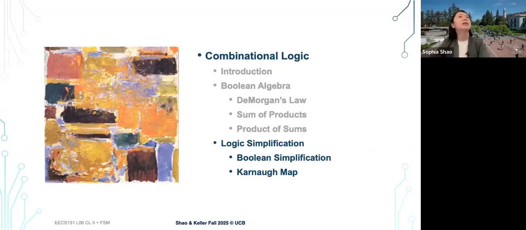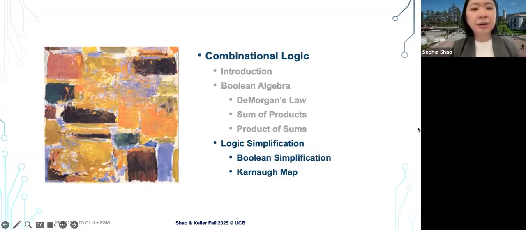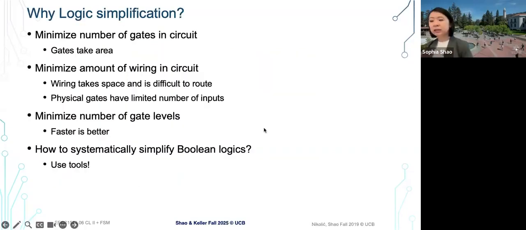You can see how to get a leaner version of the logic that implements the same functionality. But before we talk about the specific techniques, it's still important to review why we care about simplification, either with a Boolean expression or with a Karnaugh map that we're going to introduce in a minute.